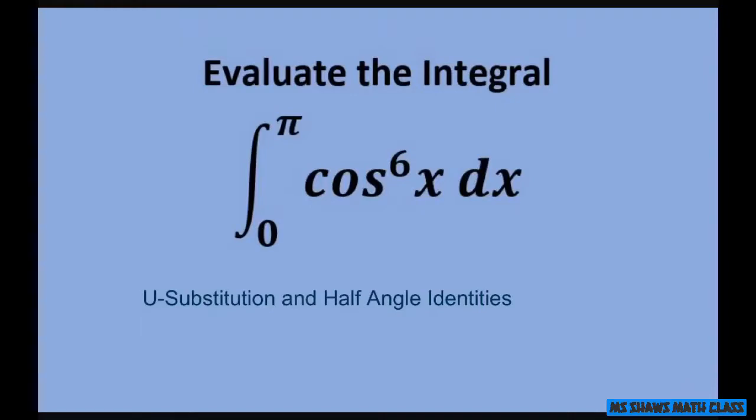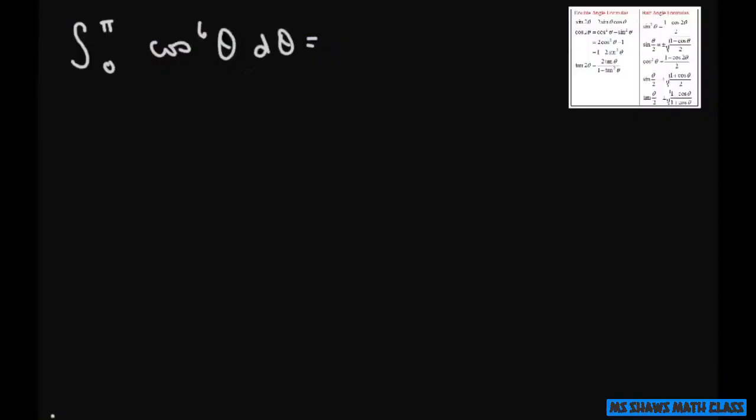We're using U-Substitution and half-angle identities. So, first of all, let's rewrite this as the integral from 0 to pi of cosine squared theta cubed.